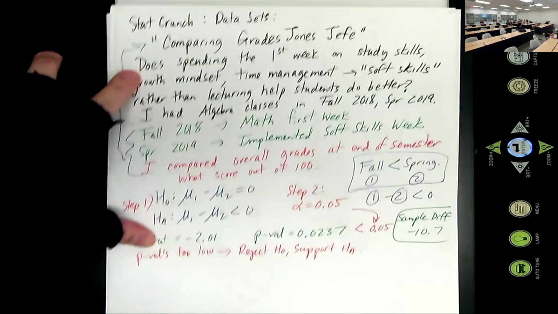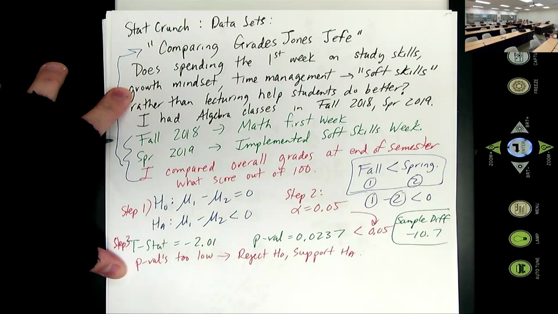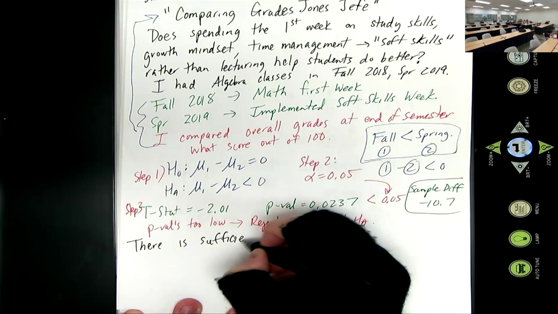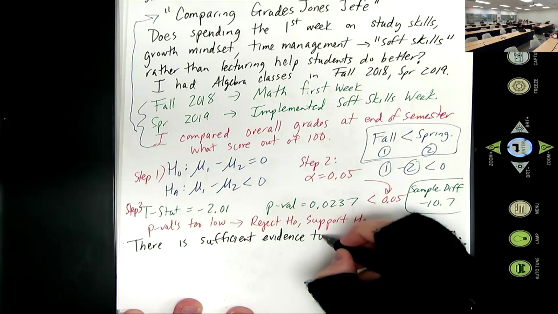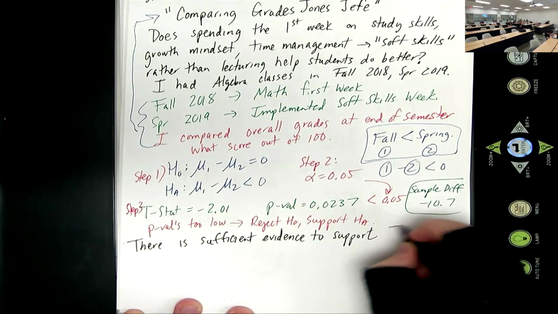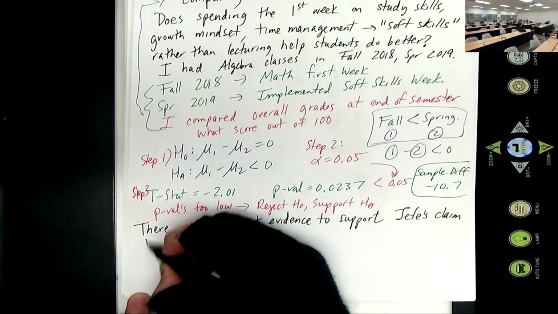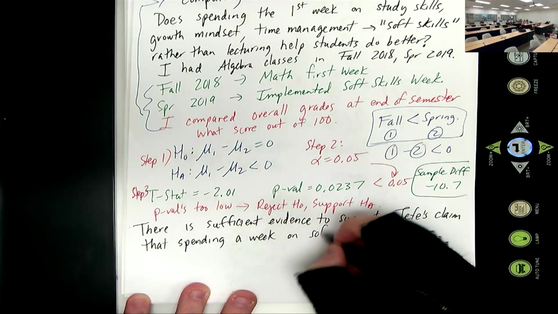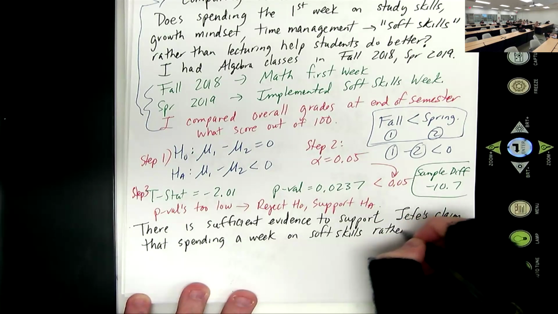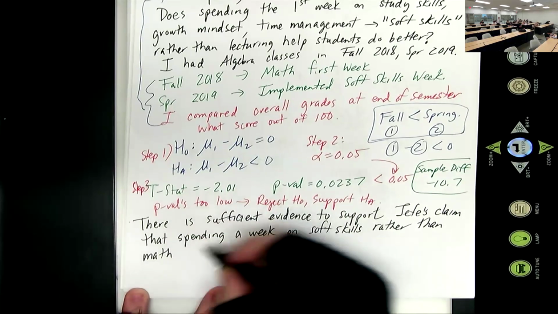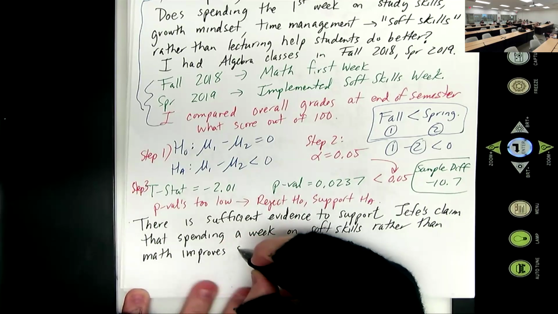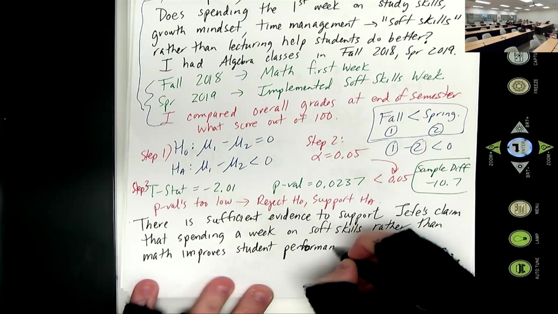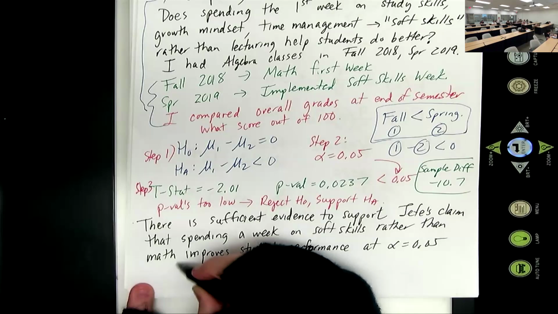HA was what I was testing: soft skills for a week led to improved performance. There is sufficient evidence to support Hefe's claim that spending a week on soft skills rather than math improves student performance at alpha equals 0.05 level of significance.